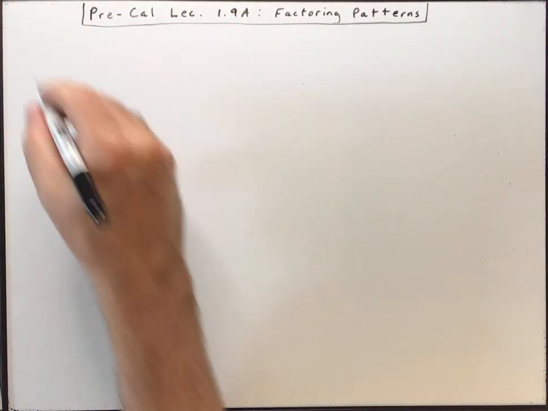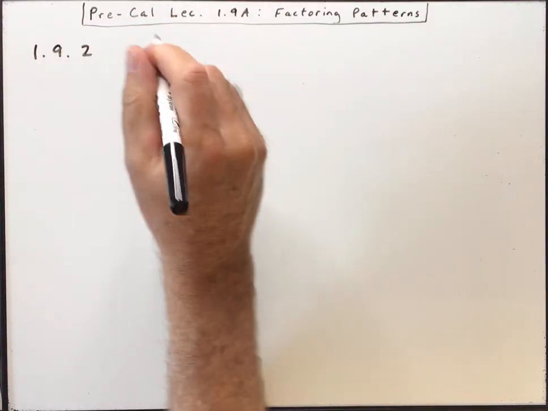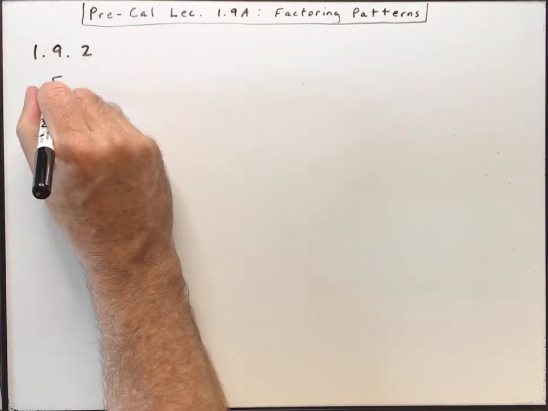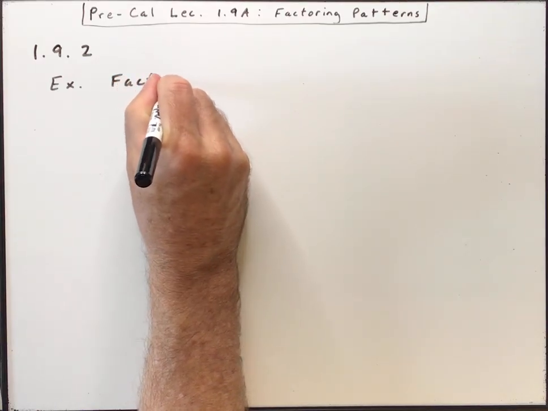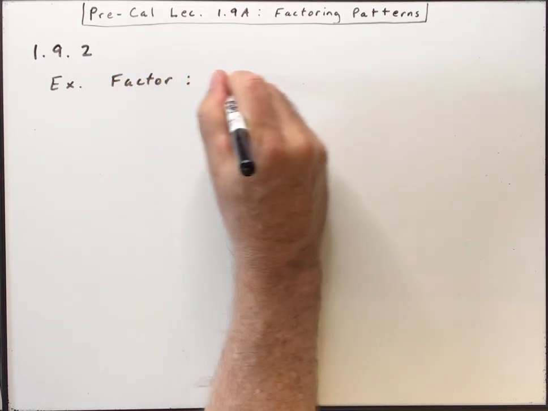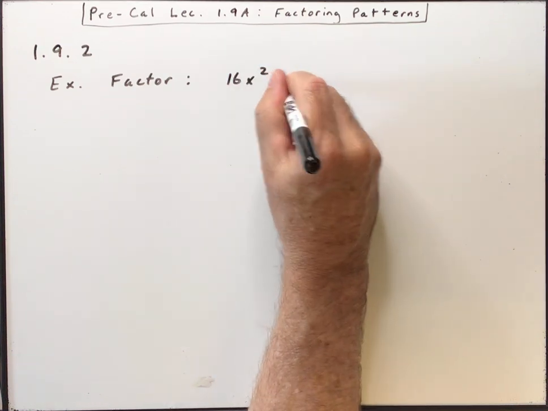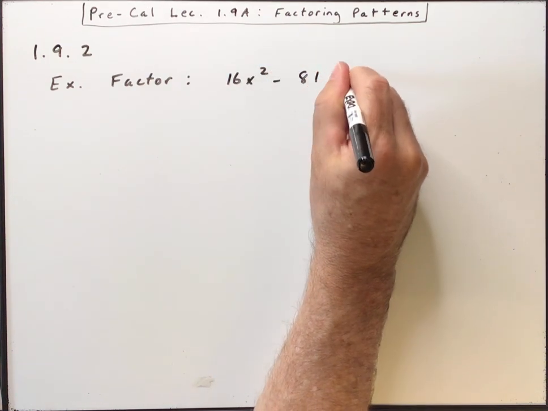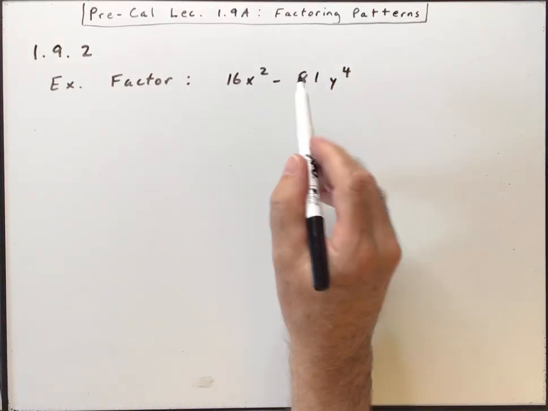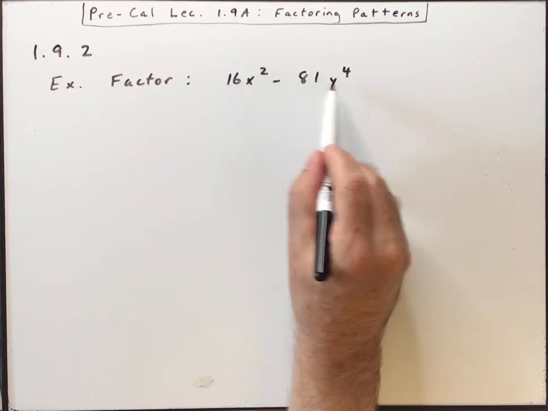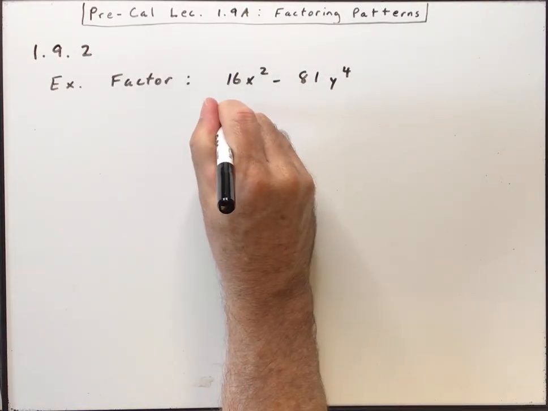All right, and we're still in 1.9.2, and our example is to factor 16x squared minus 81y to the 4th. So is this the difference of two perfect squares? Well, it's the difference. There's only 2 terms, so we should see if it works.